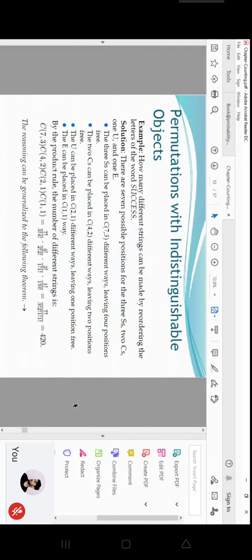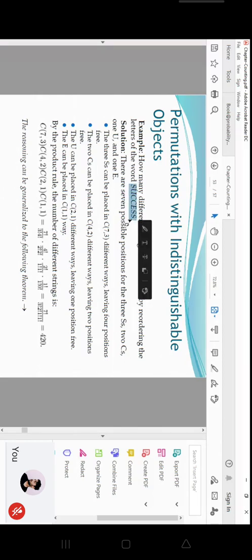So the first problem is permutation with indistinguishable objects. Let's go with the problem; I hope that will clear our idea. The problem is asking how many different strings can be made by reordering the letters of the word.